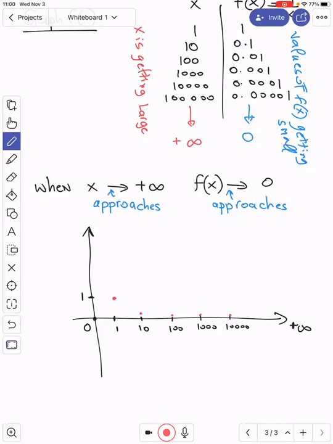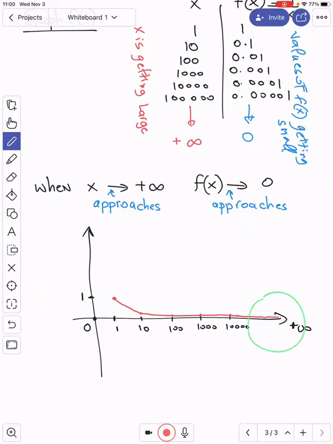So you have to keep in mind, you're getting close to 0, but it's never actually equal to 0. So the graph of f is going to be very, very close to the x-axis because the values are getting close to 0, but it never touches.